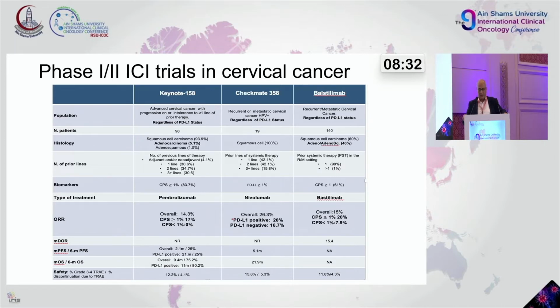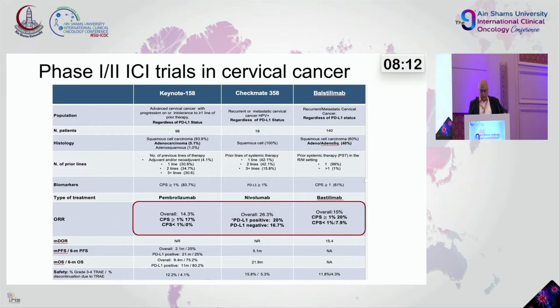You can see here that for Nivo and balstilimab, there are responses in PD-L1 negative cases, while for Pembro, there was no response at all for cases with CPS less than 1.